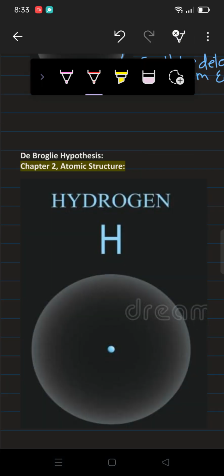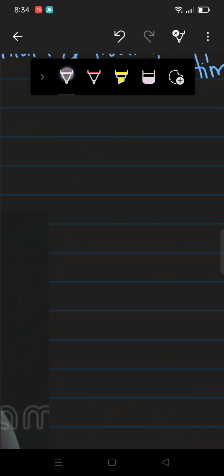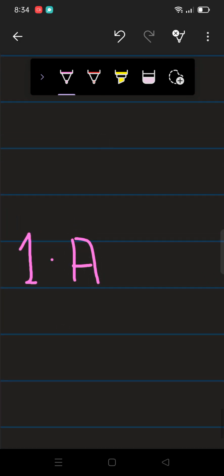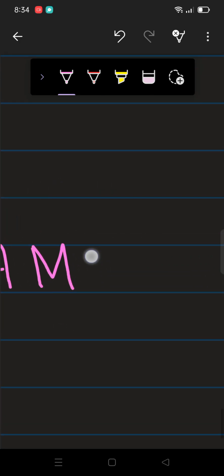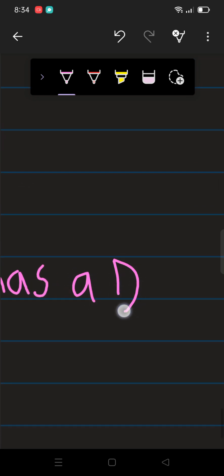In his first point in the de Broglie hypothesis, he said that matter can behave as a wave as well as a particle, right? So what he said in his first point was: matter has a dual nature.